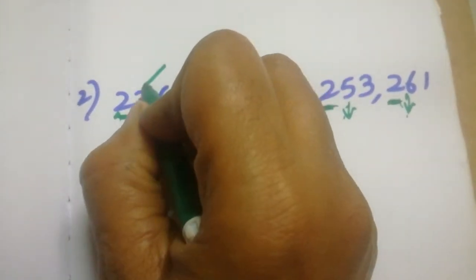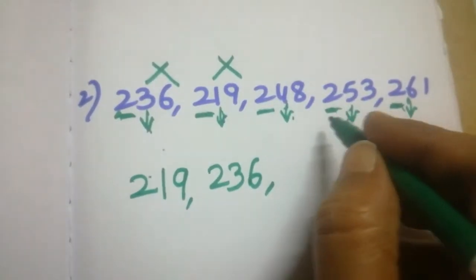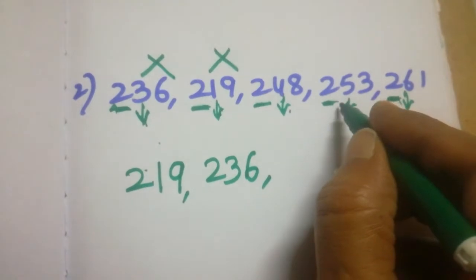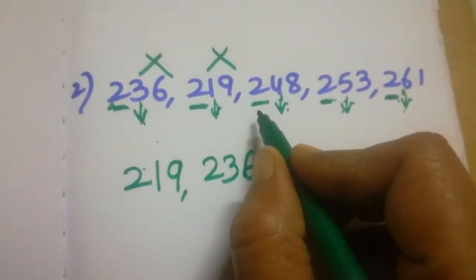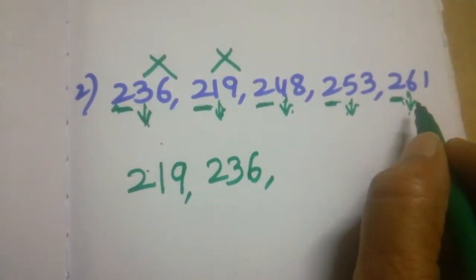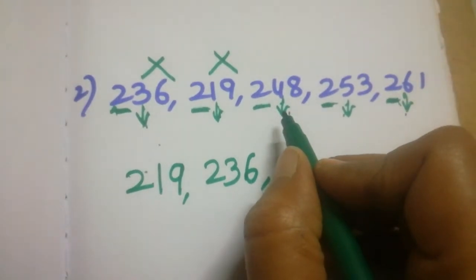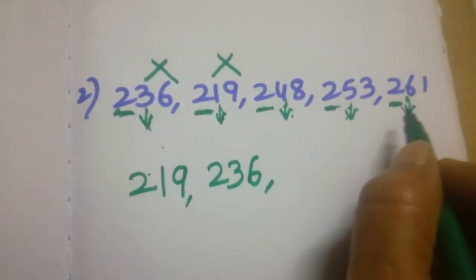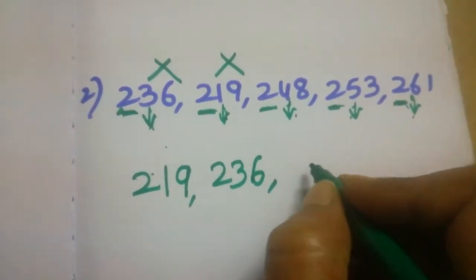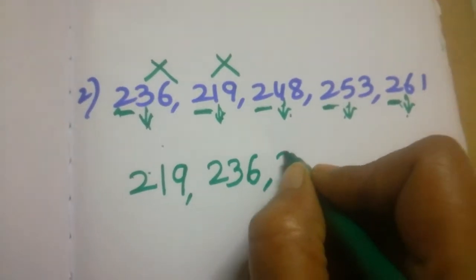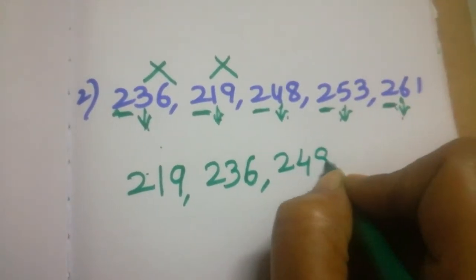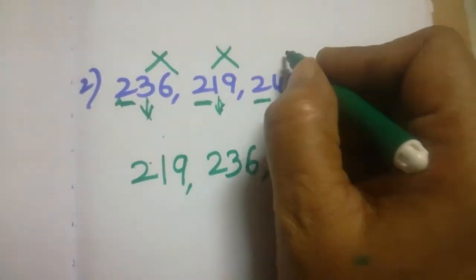Now 236 is also completed. Now remaining 3 numbers are left. If you compare remaining 3 numbers, we have 4 in the tens place, 5 here and 6 here. So which is the smallest? 4. So 248 is the next smallest number.